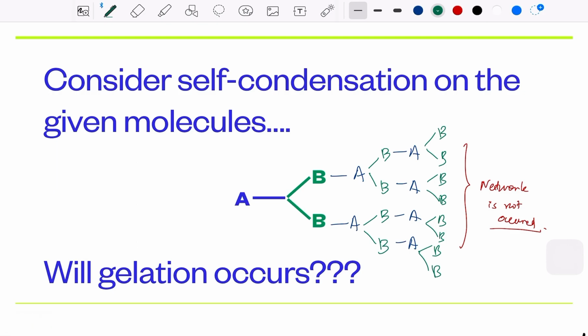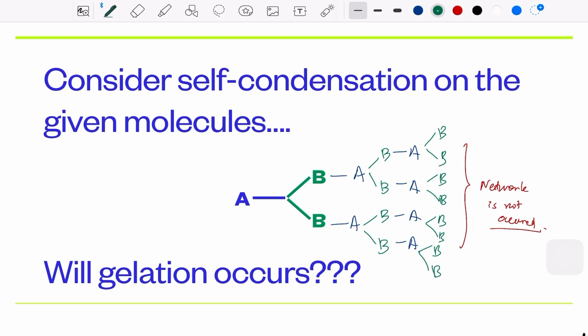So if we consider, I think last time we discussed up to here, self-condensation of the given molecules, the AB2, okay, and we take all the AB2 and put them all together, adding into the branching units, you will see that we cannot have any network. Okay? There will be no network points, because it keeps on branching, and at some certain level, it will stop, right?